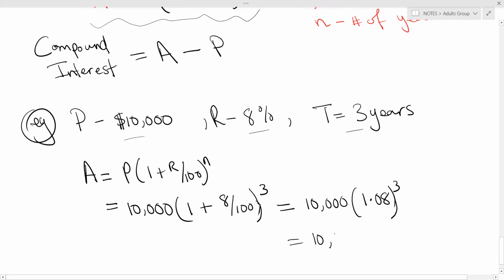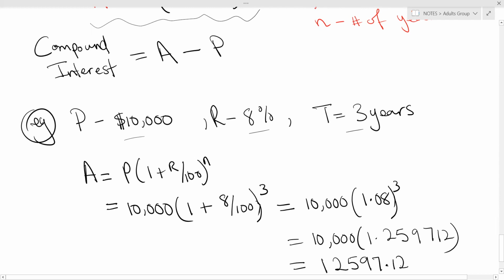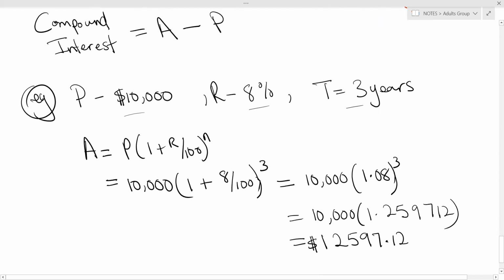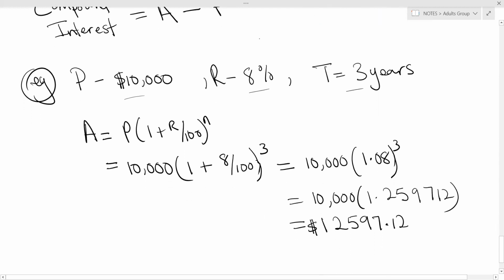So it's going to be 10,000 multiplied by 1.08 cubed, which is 1.259712. Of course, you don't need to write all of this because you can multiply by 10,000 one time, which will be 12,597.12. So this is our amount accrued.